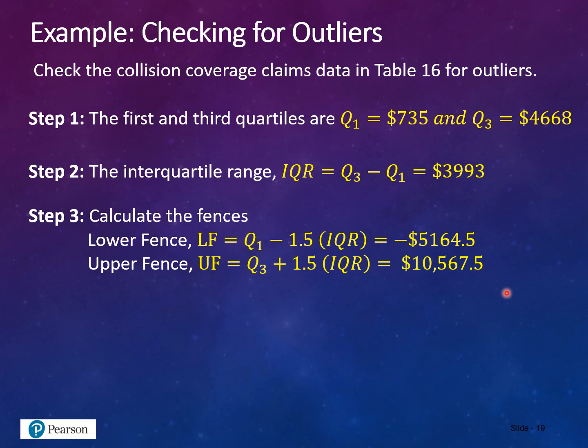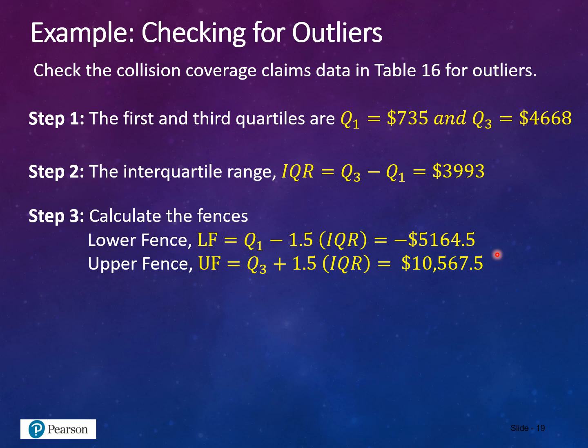Now remember, what we're doing is we're trying to find the outliers, which is our last step. And so we're looking at any data points which are below the lower fence. Well, our lower fence is negative. I certainly don't think there are any claims of negative dollar amounts. That means that you as the insured are going to pay the insurance company to fix your car. Ain't happening.